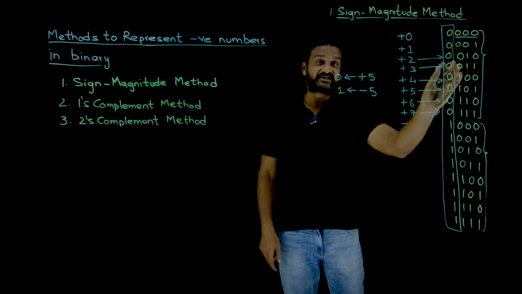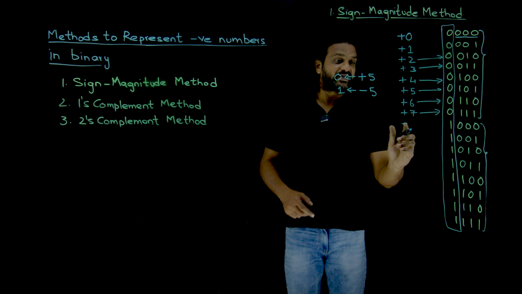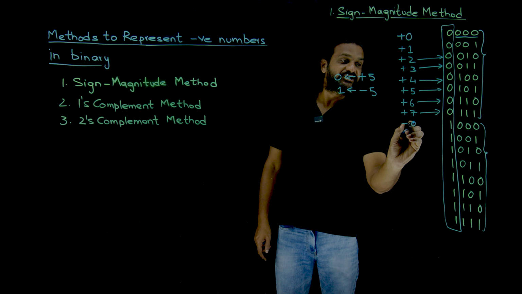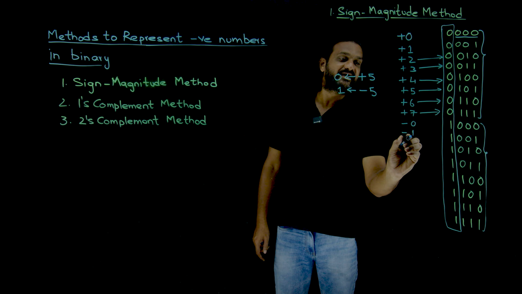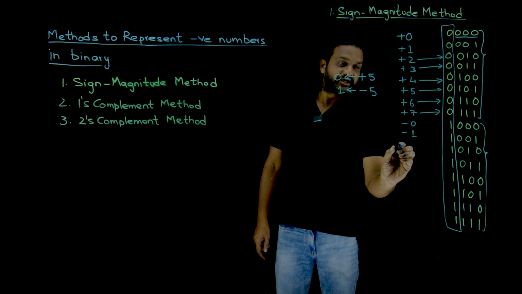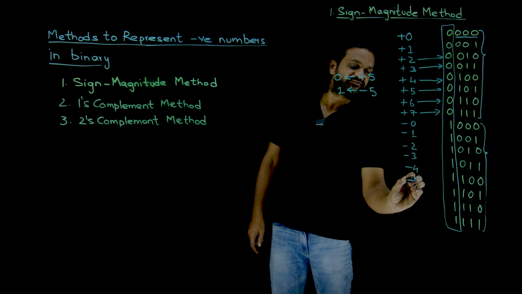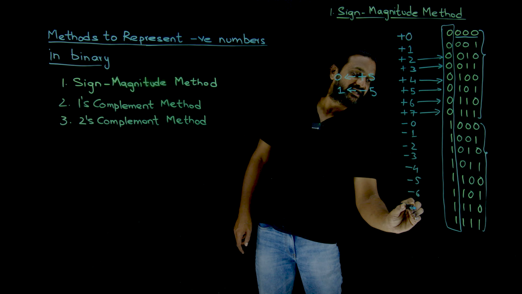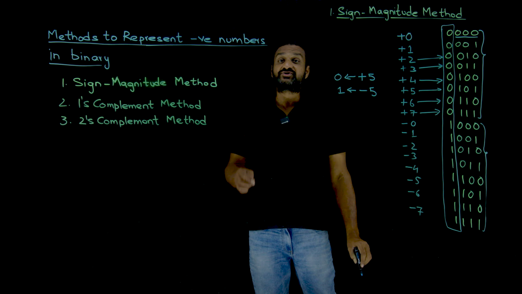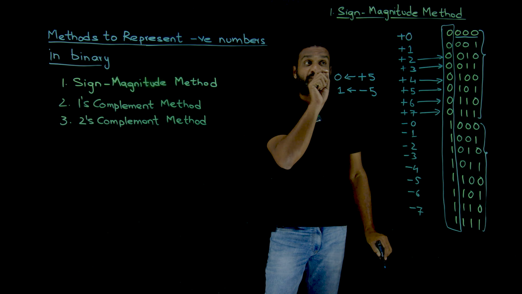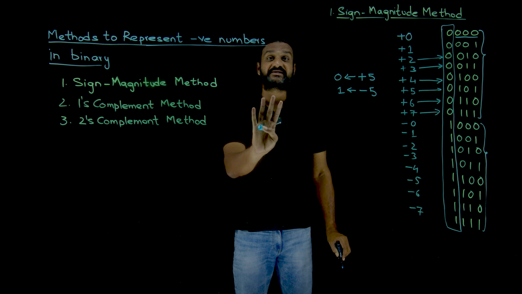Pause this and see the sequences. Now it is minus 0, and minus 1, then minus 2, minus 3, minus 4, minus 5, minus 6 and minus 7. These are all the numbers that are possible with 4-bit representation.